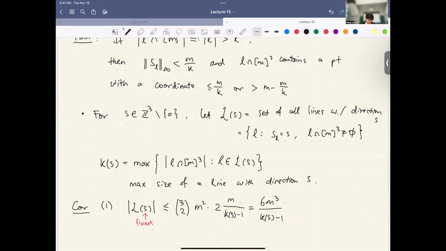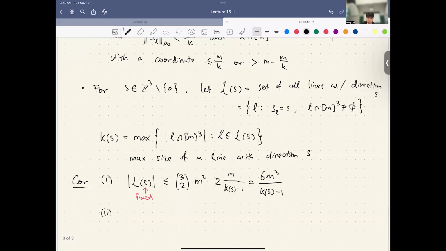Now, next is the number of directions with the maximum size bigger than k.